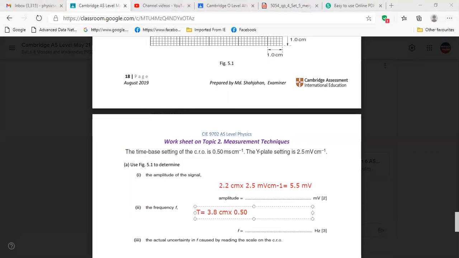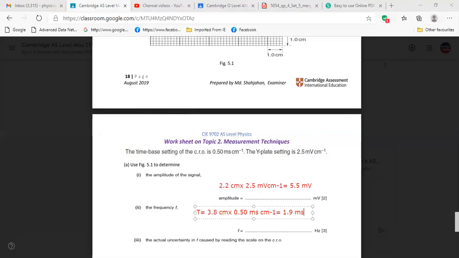It's written millisecond per centimeter, right? So per centimeter and centimeter will cut. Then 3.8 multiplied by 0.50, it will come how much? 1.9, sir. 1.9 milliseconds. So we got here this one time period, right?